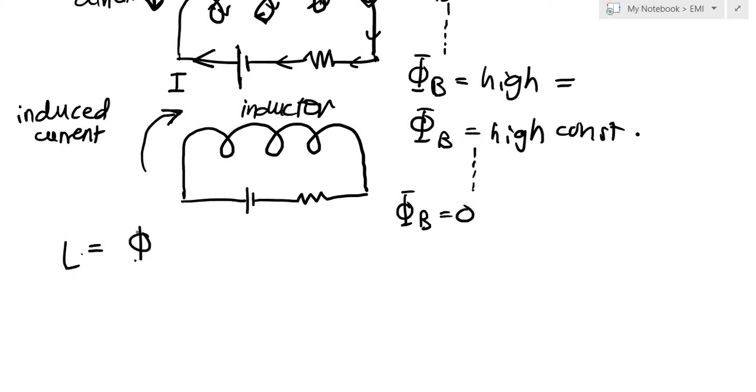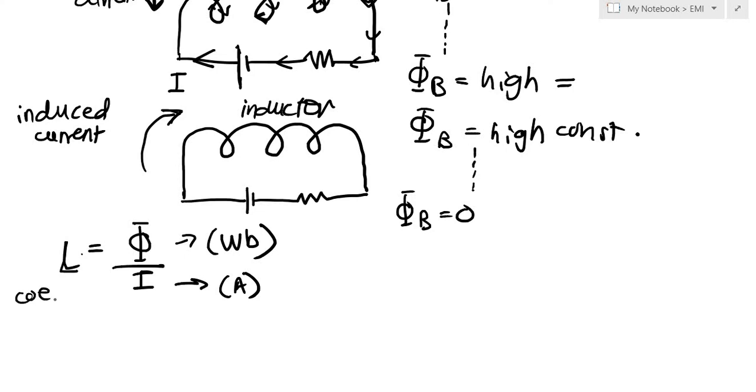So it's rightly given by L = phi over I. Magnetic flux, which has units of Weber, and current, which has units of ampere. And this L is called the coefficient of self-induction. It has a unit of Henry, SI units, everything.